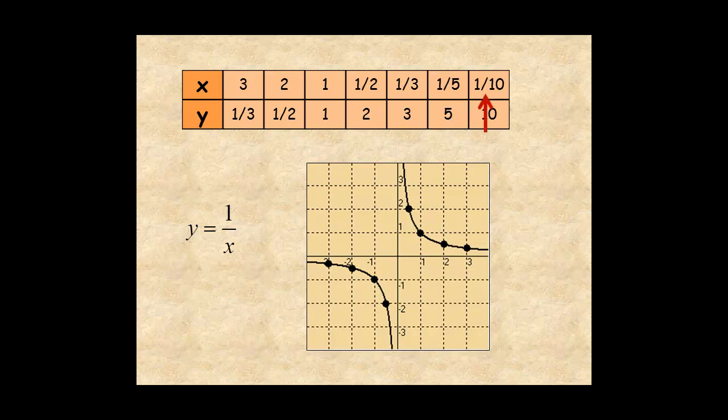Notice that as x gets smaller, the value of the function gets larger, from x equal 1/3 to x equal 10. So as the graph of the function gets closer to the VA, at x equals 0, the graph gets larger, curving up or down towards the VA, getting close but never touching.